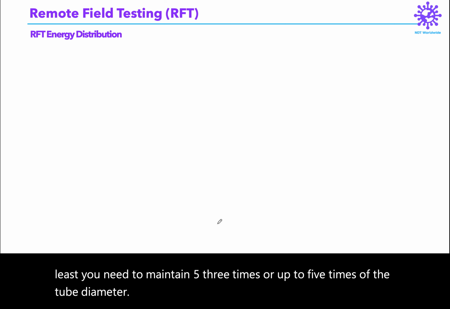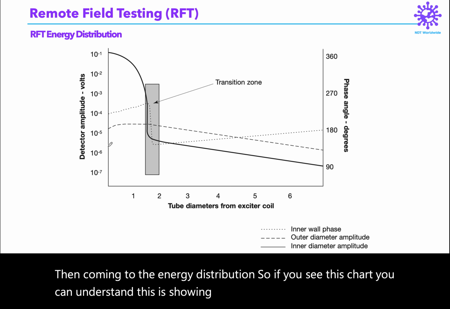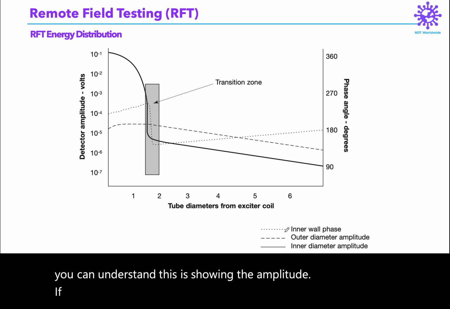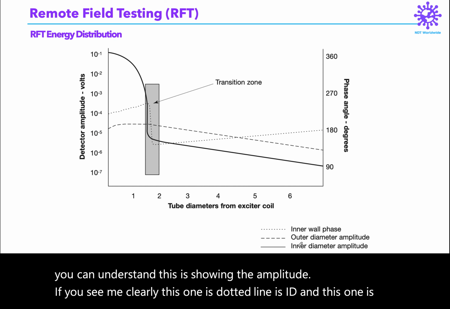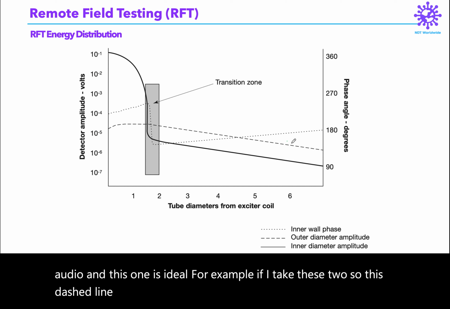Then coming to the energy distribution, if you see this chart, it is showing the amplitude. The dashed line is OD, and this one is ID.